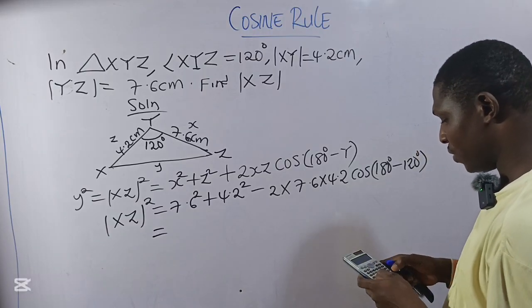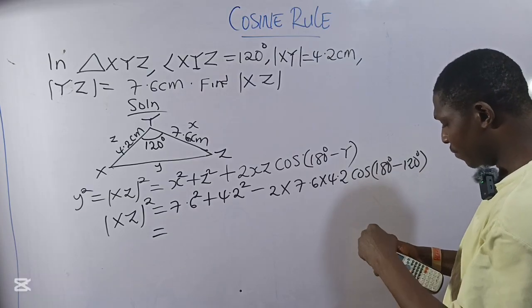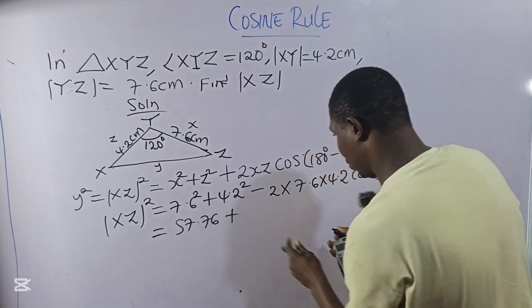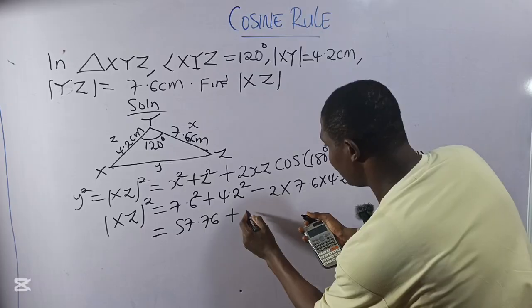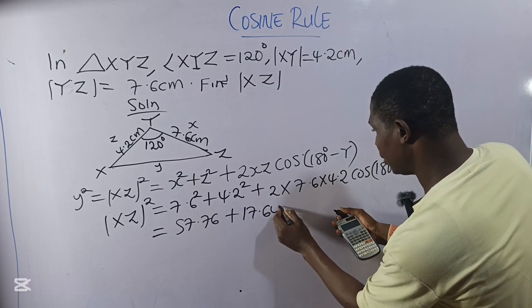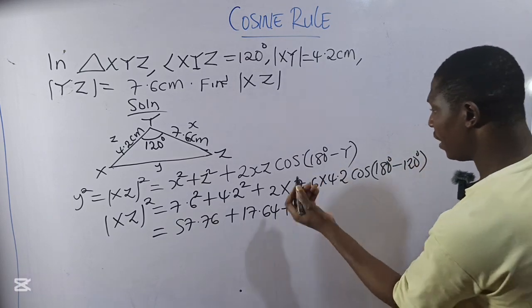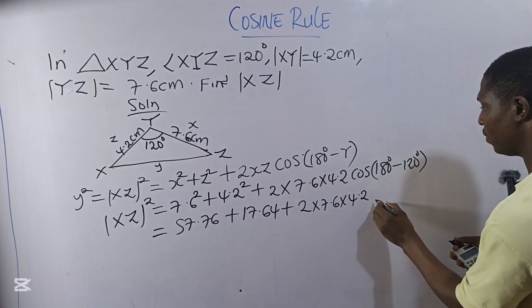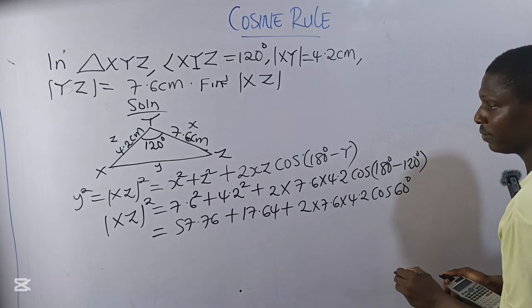And I'll make use of my calculator now. So I have 7.6 square, which will give me 57.76 plus 4.2 square, which gives me 17.64 plus 2 times 7.6 times 4.2 cos 180 minus 120 will give me 60 degree.